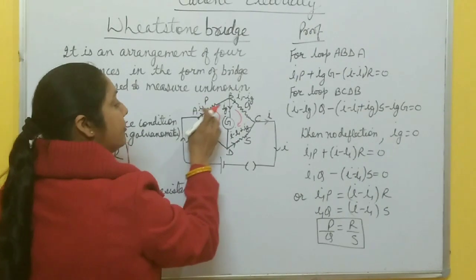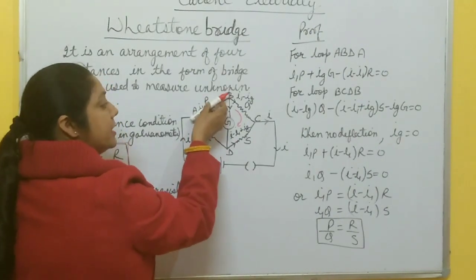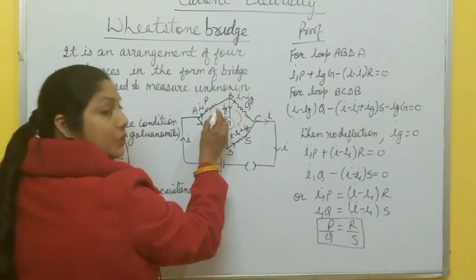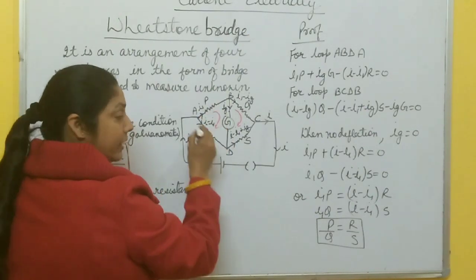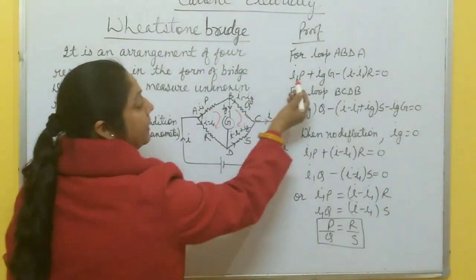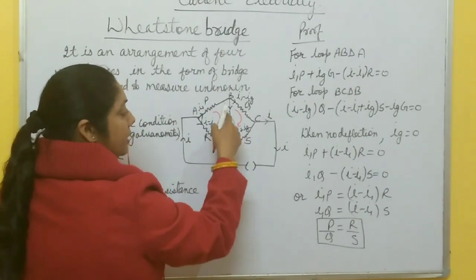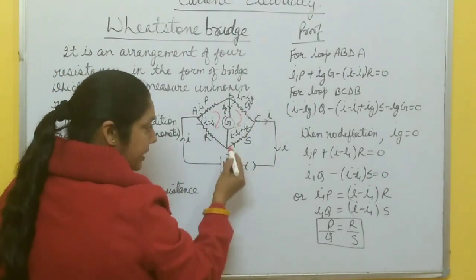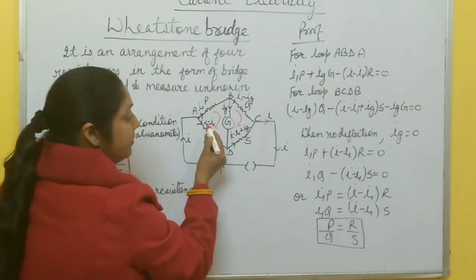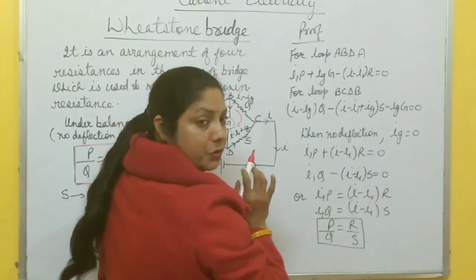Through P, I1 current is flowing in the same direction as the assumed direction, right? Anti-clockwise. So I have taken I1P as positive. Now Ig into G. Along this side, the current is in this direction, and the assumed direction is also this one. So IgG is also positive.